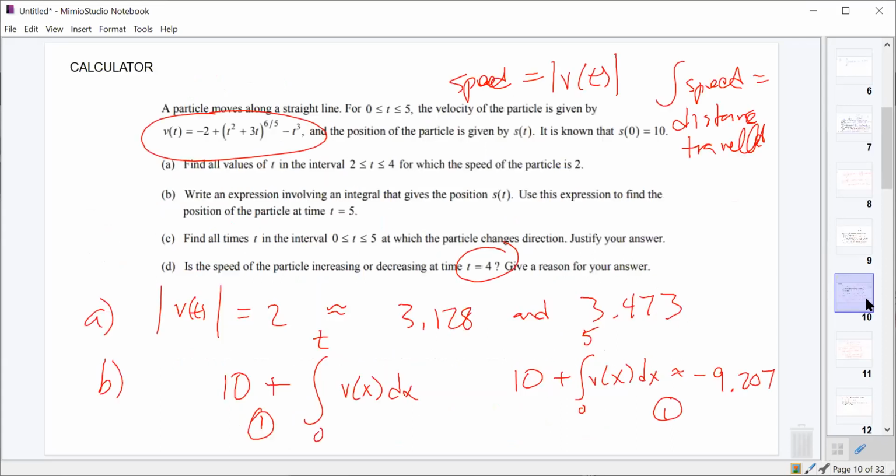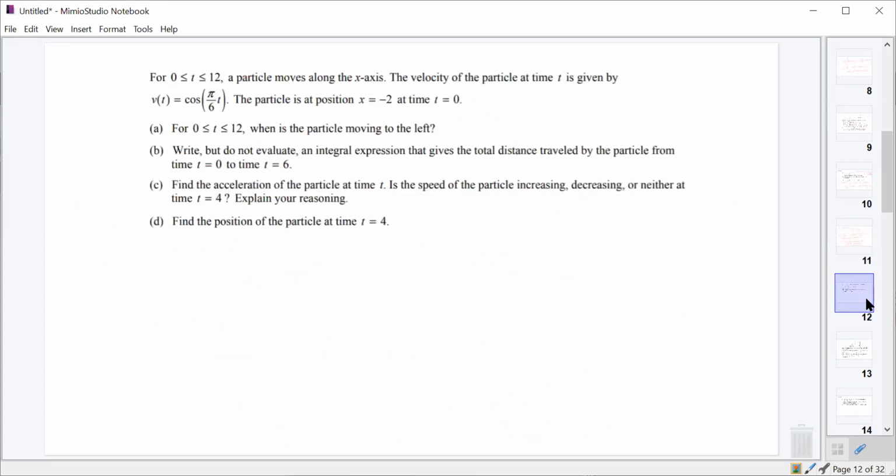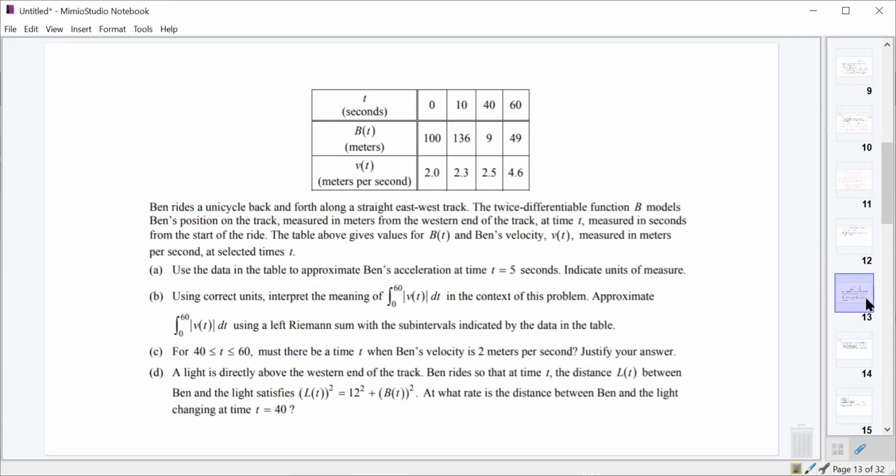Then number 7, the non-calculator particle one, and Ben on his unicycle.